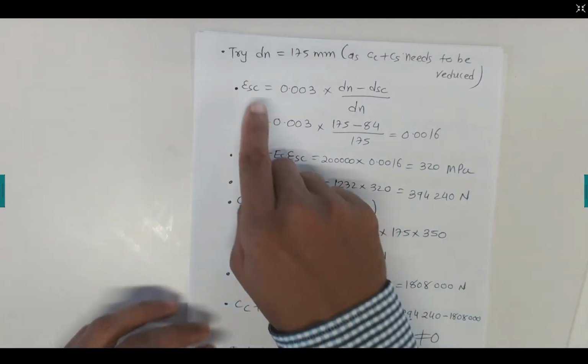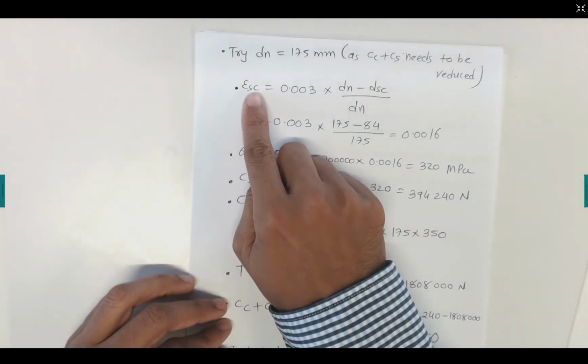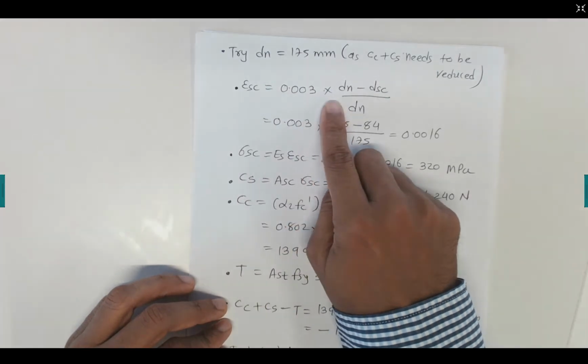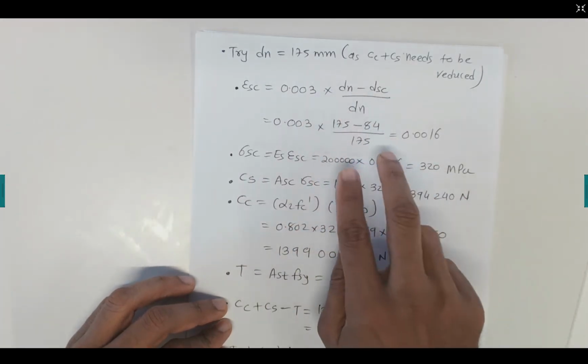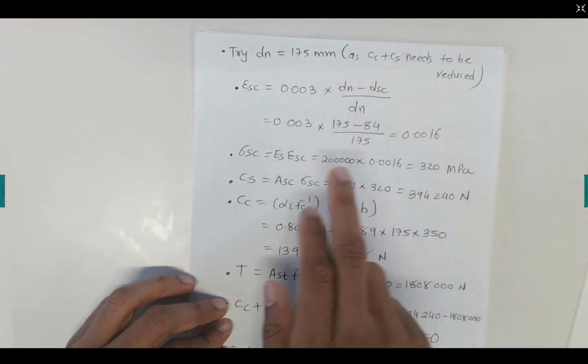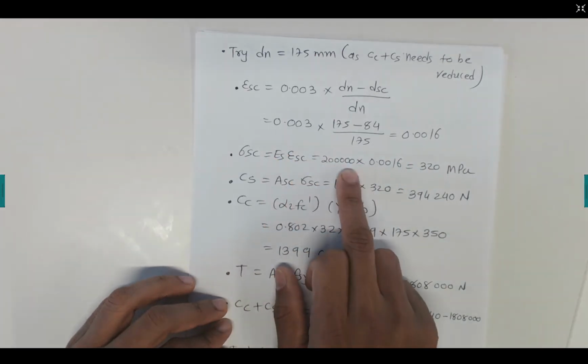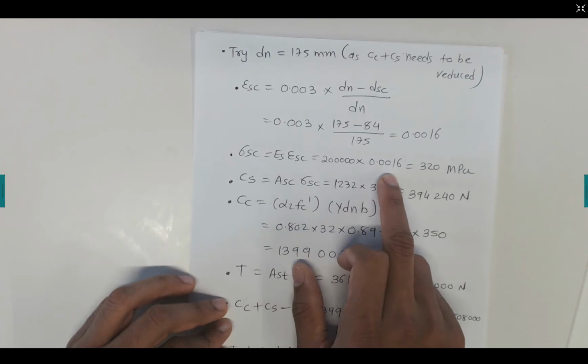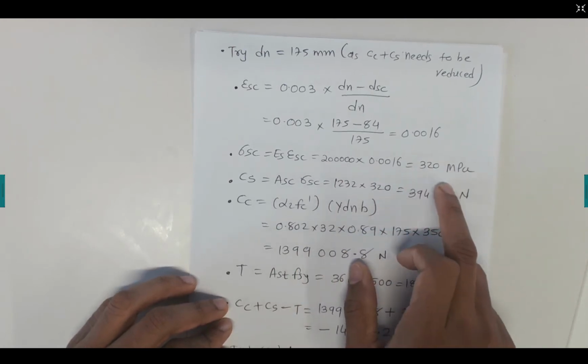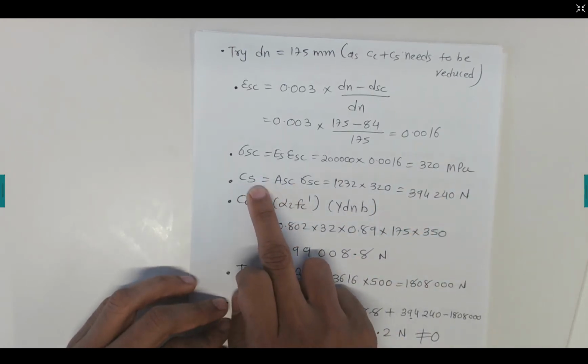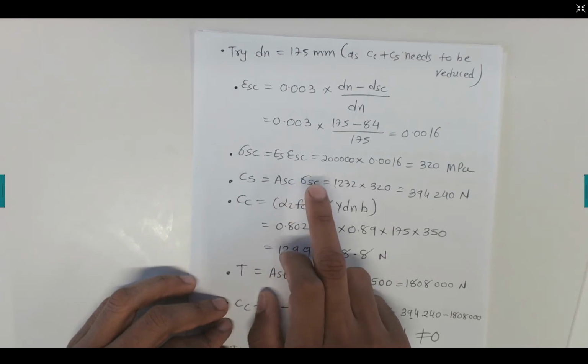Calculation of the strain in the top reinforcement: 0.003 times (dn minus dsc) over dn, we get 0.0016. Now stress is Young's modulus times strain, 0.0016, giving 320. Compression force in the top reinforcement is area times compression stress.